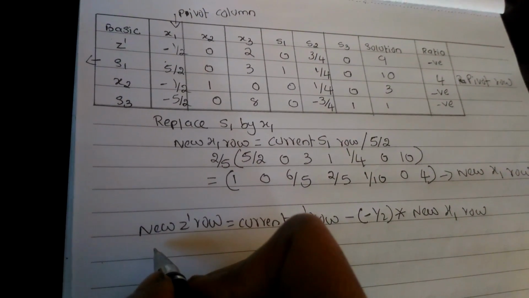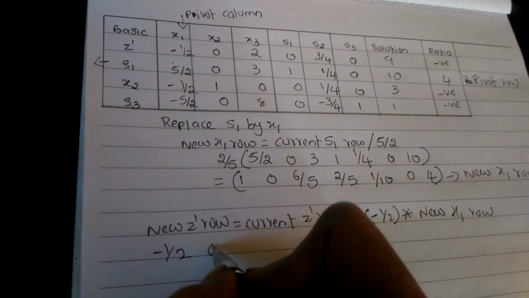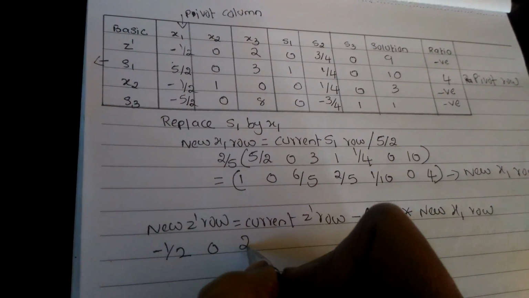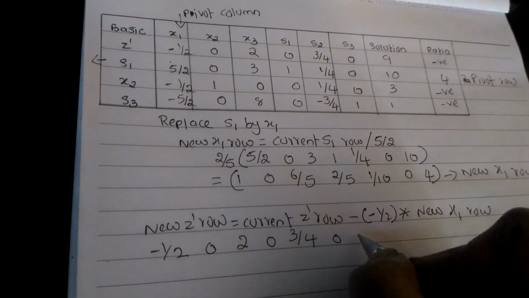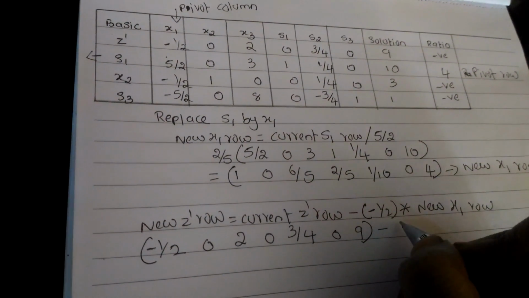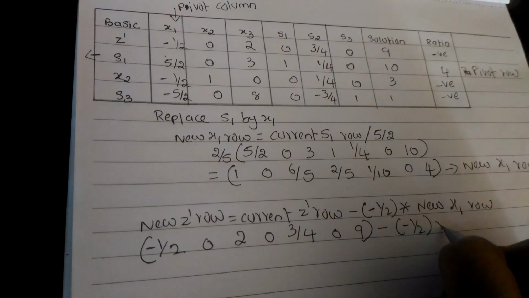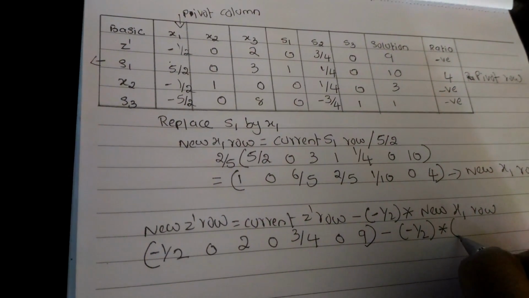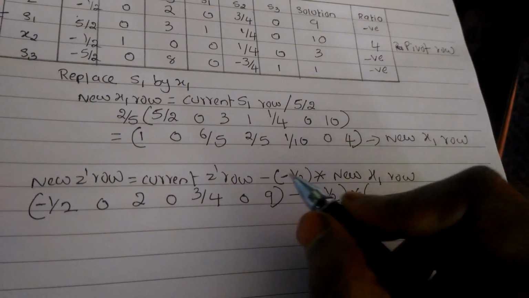Bring down the values of the old Z row or current Z row: 1, minus 1 by 2, 0, 2, 0, 3 divided by 4, 0 and 9. This will be minus of minus 1 divided by 2, multiplied by, or you can even exclude the star symbol and write down the values of new X1 row.